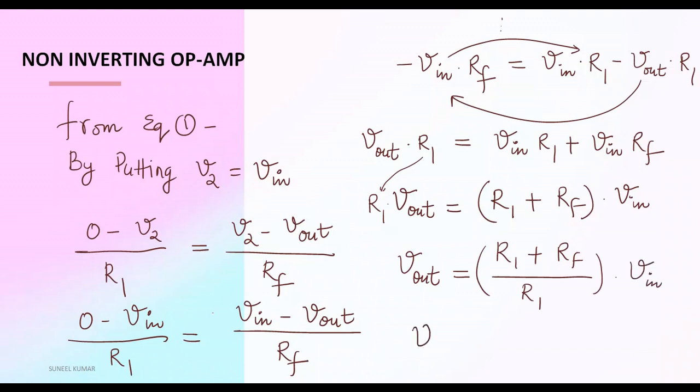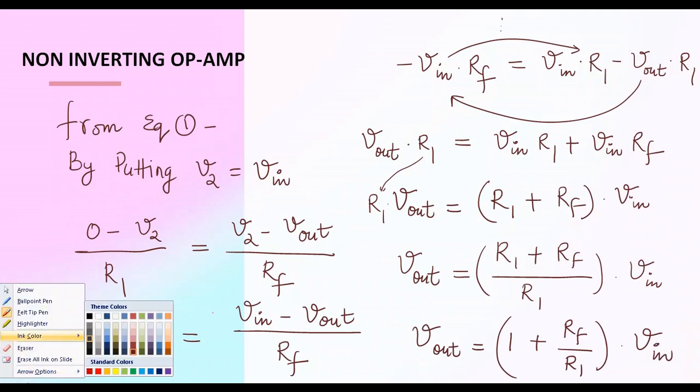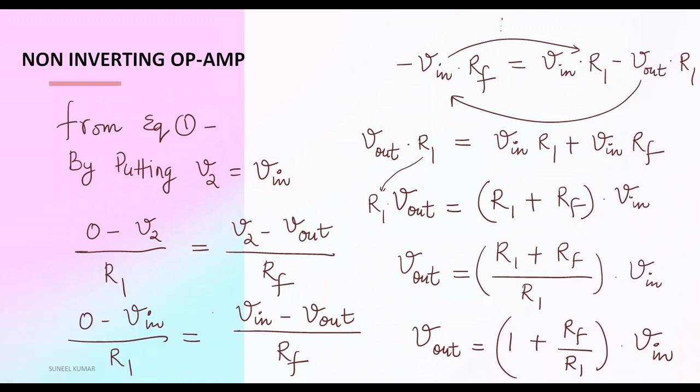So we can write V output is equal to 1 plus RF divided by R1 into V input. This is a very important expression for the non-inverting op amp. Output is 1 plus RF divided by R1 into V input.